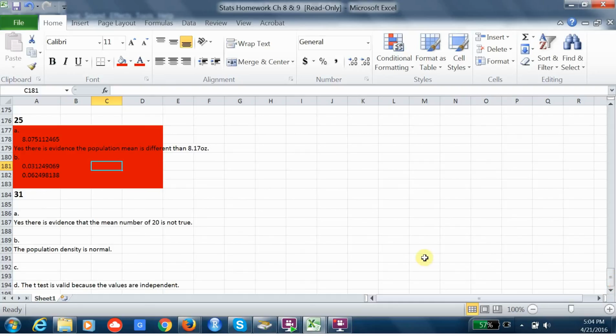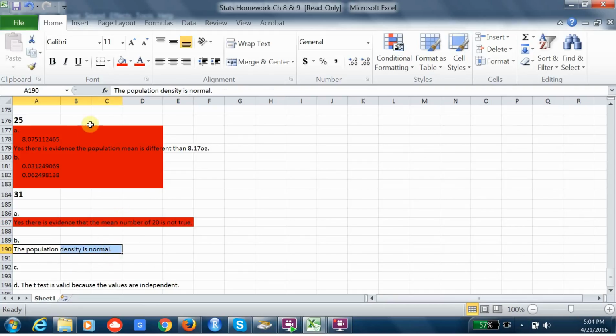Okay, let's see, 31. I guess I just need to see work here. I'm not disputing that it's true, but I just don't see any work to substantiate that.